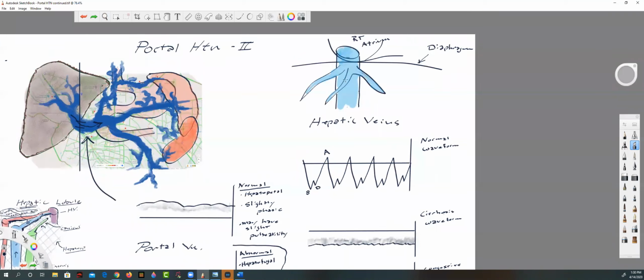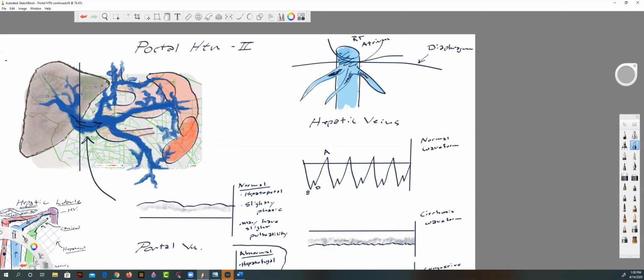So I talked a little bit about hepatic veins, and if we have a thrombosis here and a thrombosis there and a thrombosis there, that's really bad. That's all three hepatic veins. Or if the thrombosis is here, blocking the blood flow into the right atrium of the heart.